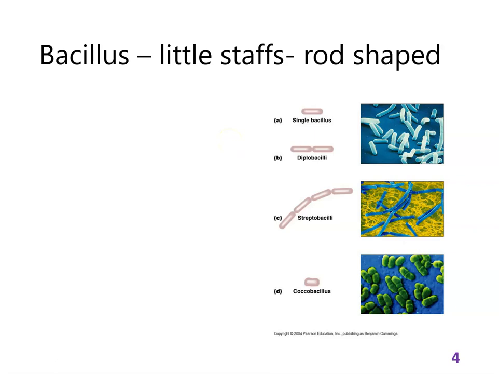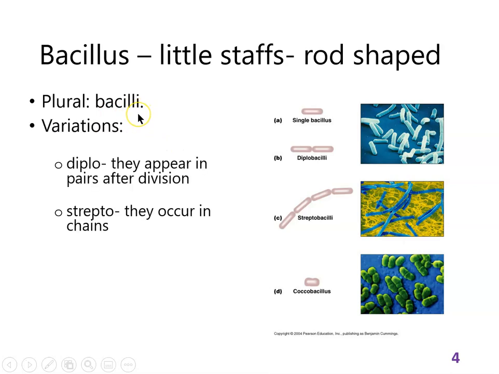Equally common, maybe more common, is the shape bacillus or rod, so a little staff or stick. And these are cells that will elongate notably before they divide. So they'll grow longer and longer before they divide. The plural is bacilli, and they can also appear in groups.